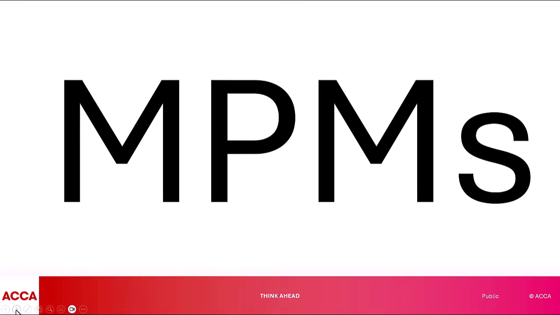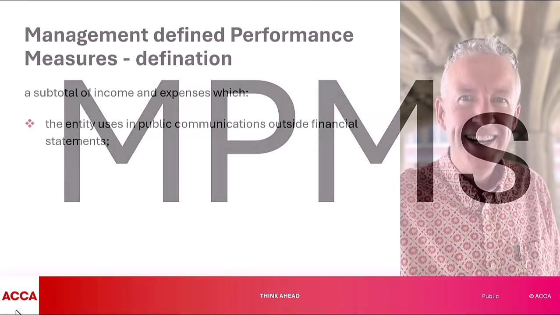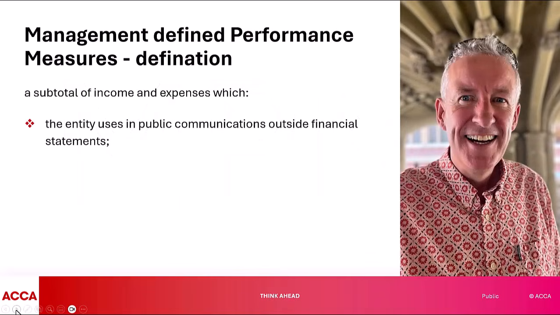MPMs. You know what MPMs stand for. They stand for Management Defined Performance Measures. Let's be honest about it. Most businesses boast. Most businesses tell the public, in the press release, profit that is not necessarily directly lifted from the P&L.